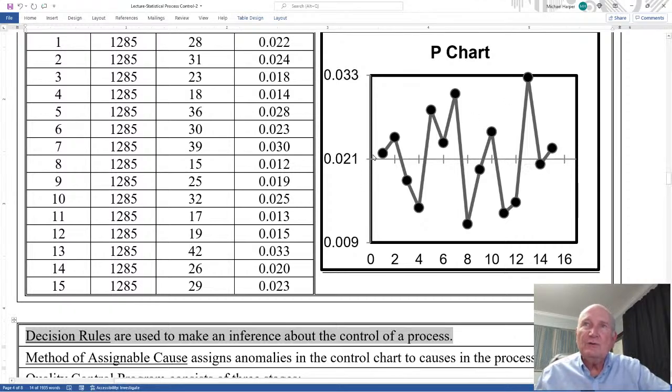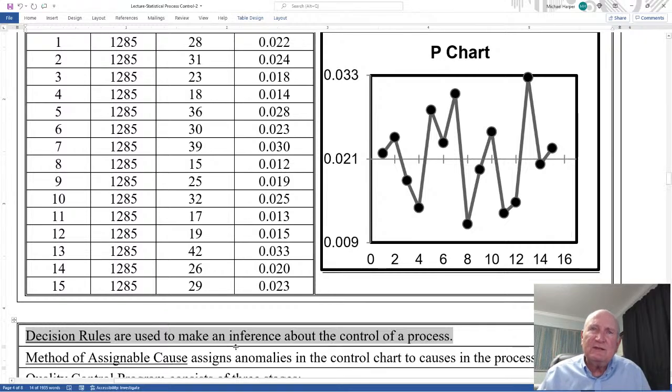Or suppose it starts down here and has a nice linear line going up or going down. That's not random, so that would be used in a decision rule. We'll make a decision like that.